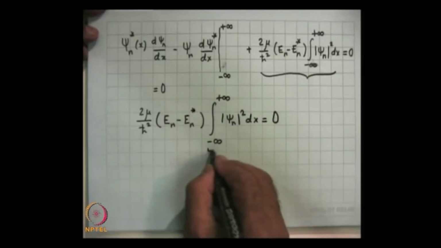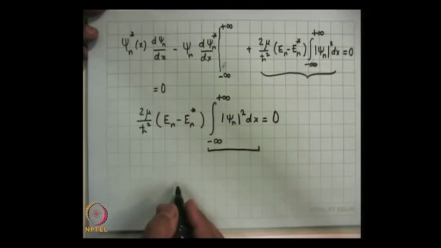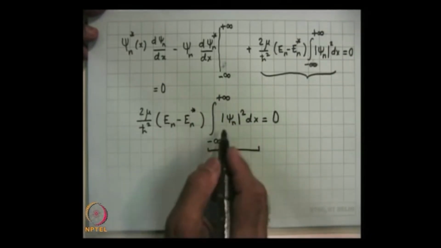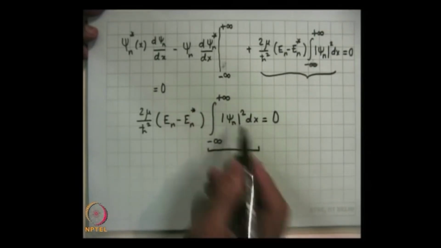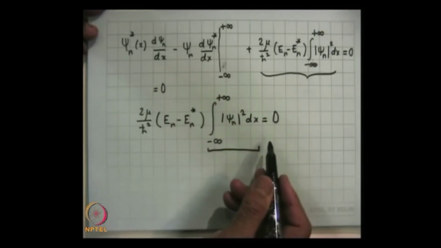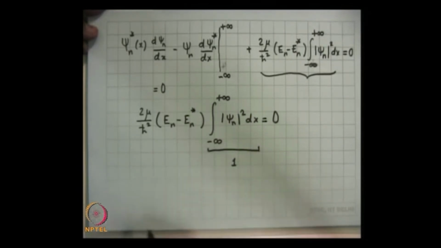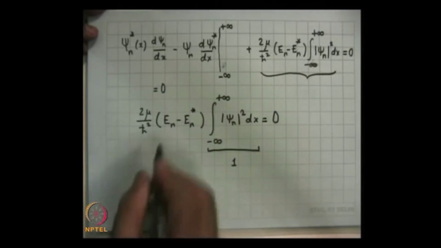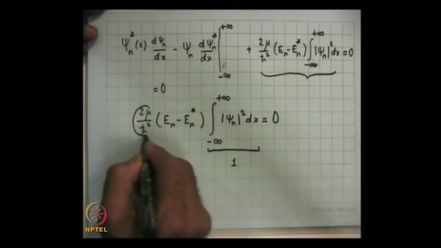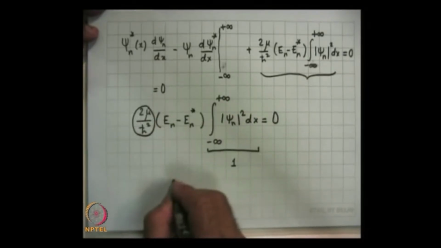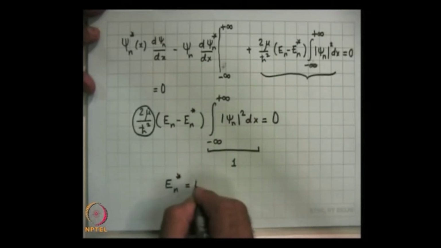Now, this quantity is positive definite, because this is the square of a wave function. In fact, the wave function we always assume to be normalized, so that this quantity is always equal to 1. And this is a constant. So, you must have E n star equal to E n.